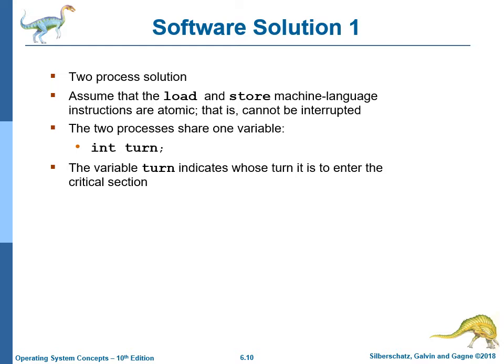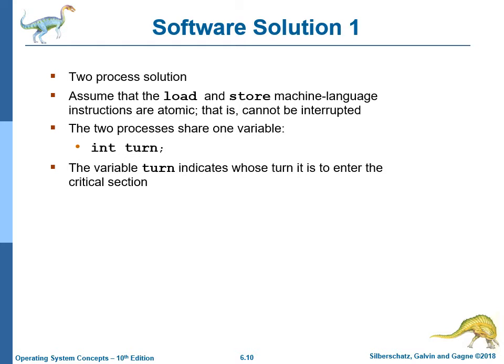So solution pertama dia ialah dia solve dengan menggunakan software solution, iaitu gunakan load and store. Load and store ni you dah belajar masa belajar machine language. Dalam machine language kita ada function load and store, which are specific instructions that cannot be interrupted. So kalau ada load and store ni, processor dah tahu kita tak boleh interrupt.